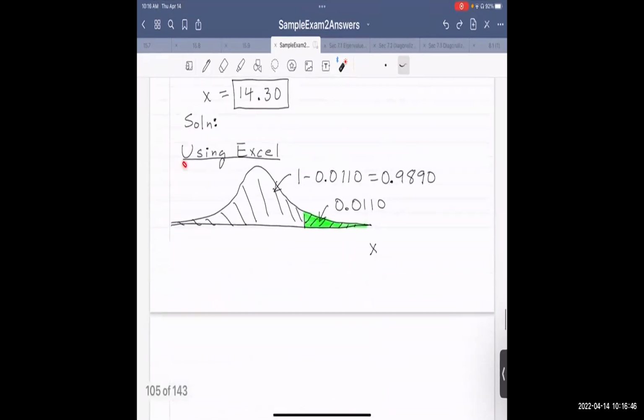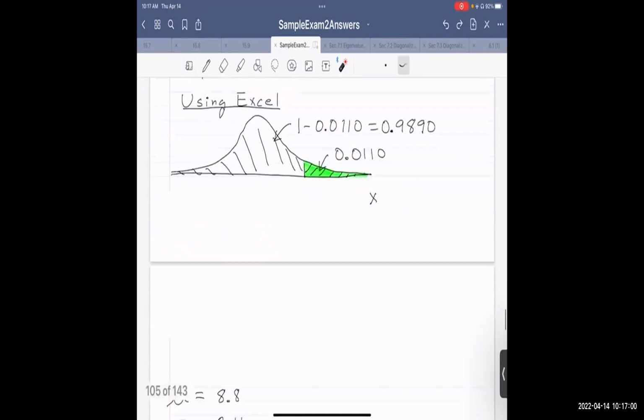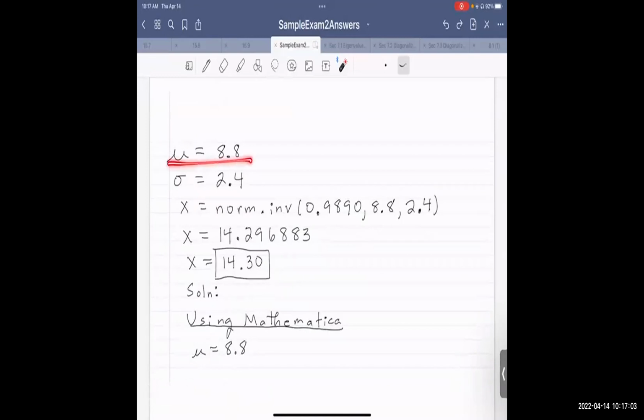I could also use Excel to do this. I will need to look at 1 minus this, so I'll have to look at the left tail. Again, the mean is 8.8, standard deviation is 2.4. So we'll be doing the normal, but in this case, not S, because the mean and standard deviation are not 0 and 1. We'll do it with the inverse norm and the regular one, not the standardized one.